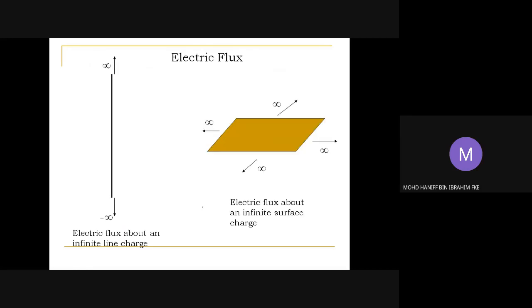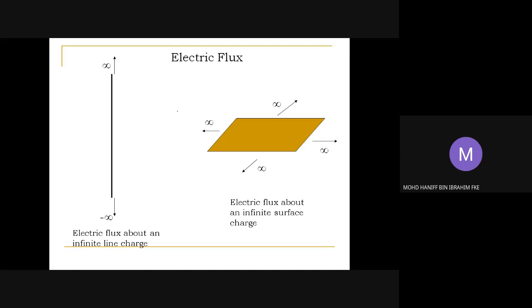Similarly, if we have another charge distribution, for instance, a line charge here and a surface charge here, in order to know the direction of the flux, we simply need to know the direction of the E field. As I mentioned previously, the direction of your flux must always follow the direction of the E field.